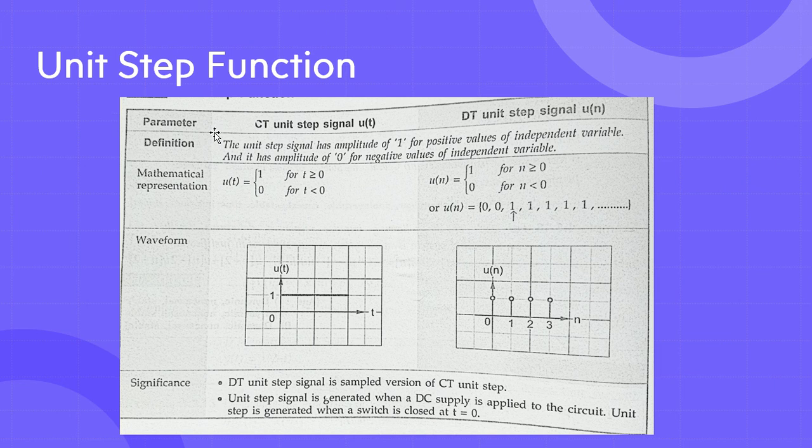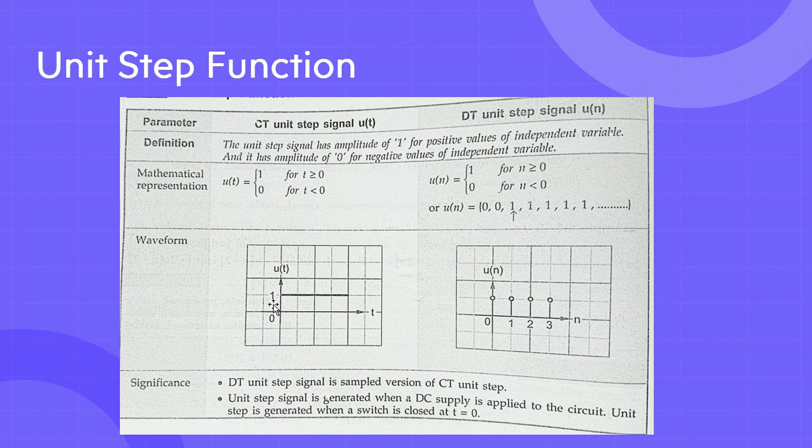If you try to plot a graph like this, all the values on the right hand side of my y-axis will have amplitude 1, and all the values on the left hand side of my y-axis will have amplitude 0, right?